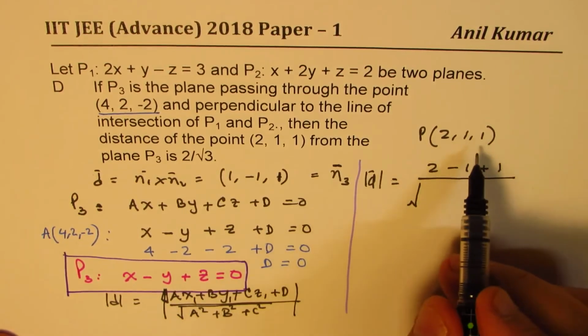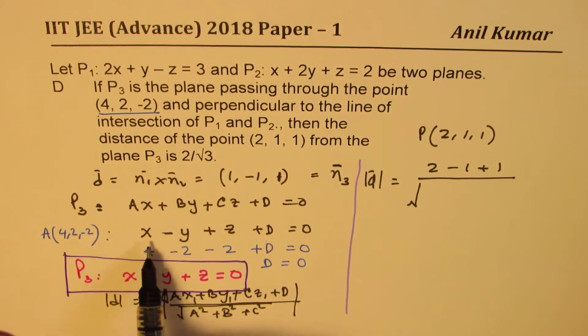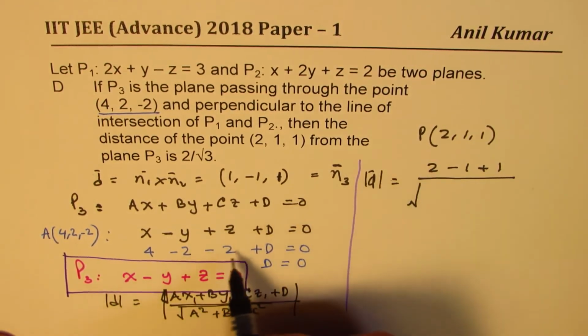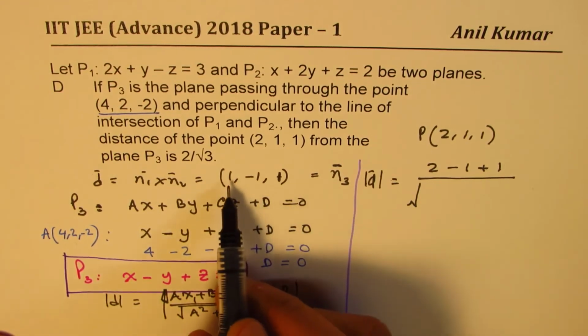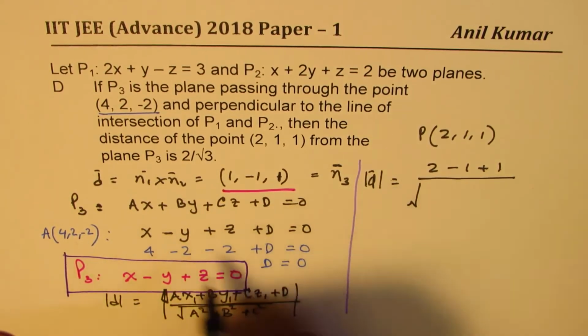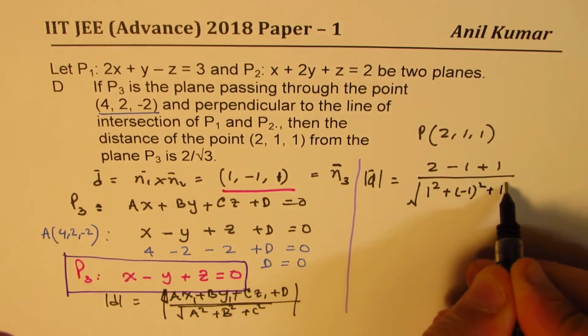So we have written this since that is the equation, right? And the point given is 2, 1, 1. So we are writing these values, and the normal is right here. Let me highlight the normal, which is also the coefficient, as you know. So it is 1 squared plus minus 1 squared plus 1 squared, right?